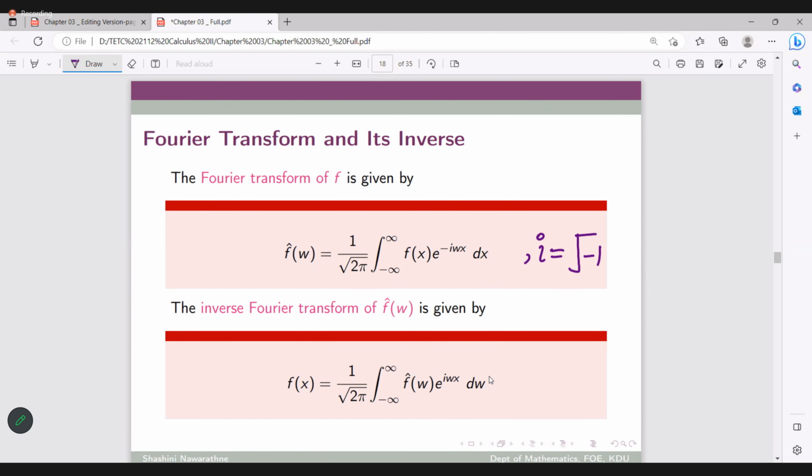By evaluating this integral and multiplying the answer by 1 over square root of 2 pi, we obtain f of x. We call this process the inverse Fourier transform, and we call f of x the inverse Fourier transform of f hat w.